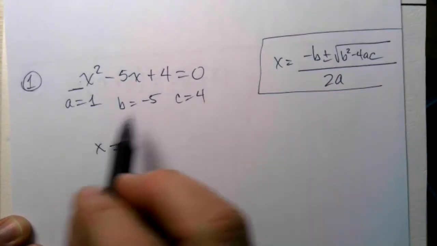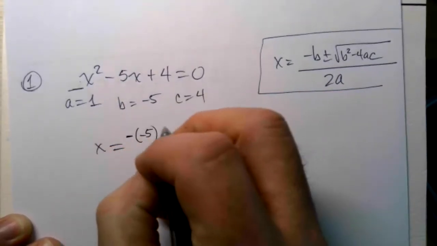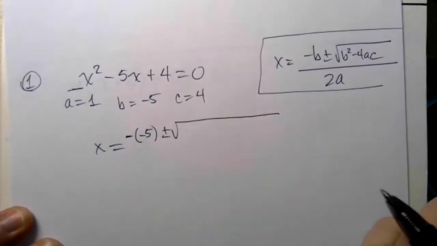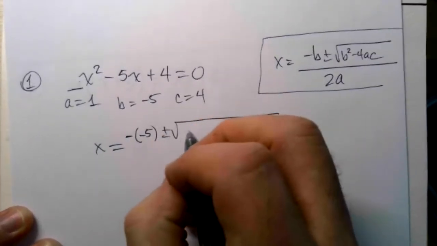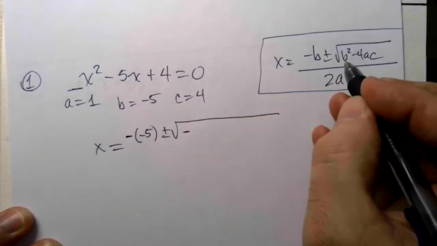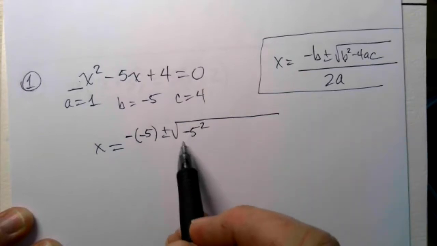So here we go. Negative b, so I'm going to do negative of negative 5. And I know some of you are going to start combining some steps already, and I understand that. Now, here's a common error right here. It's b squared here, so I'm going to write negative 5 squared. But technically, the way this is written, that's not negative 5 being squared.